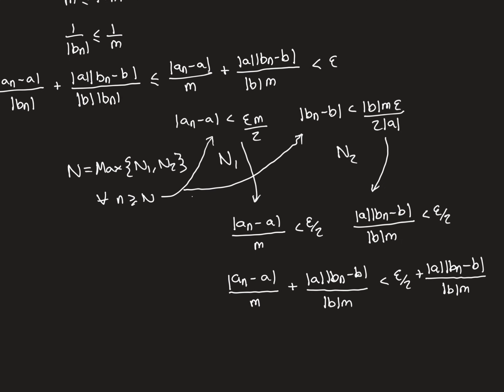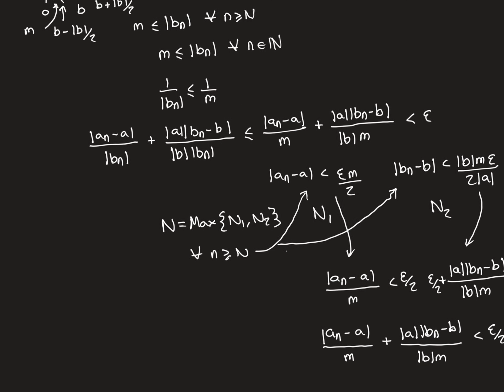And then we'll take this second inequality, this one here, and add epsilon over 2 onto both sides. So it will become epsilon over 2 on that side, and this one side will become epsilon. And then we can apply transitivity. This is the same thing as this, so this, therefore, is less than epsilon, which is the result as desired.